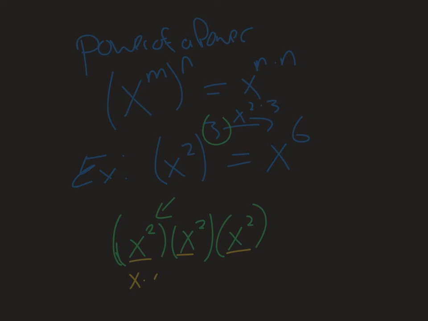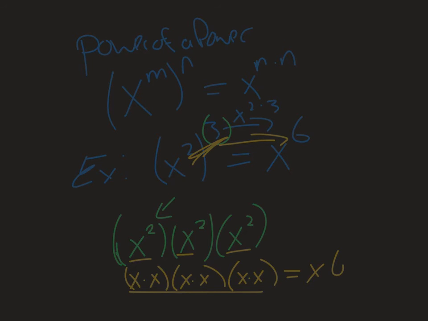So we can write it as x times x, that's one of the x squareds, times x times x, the second of the x squareds, times x times x, the final of the x squareds, which would be x to the 6th, because I have 6 x's all multiplied times each other. Or we can use the shortcut, just multiply these two numbers, go straight to the 6.